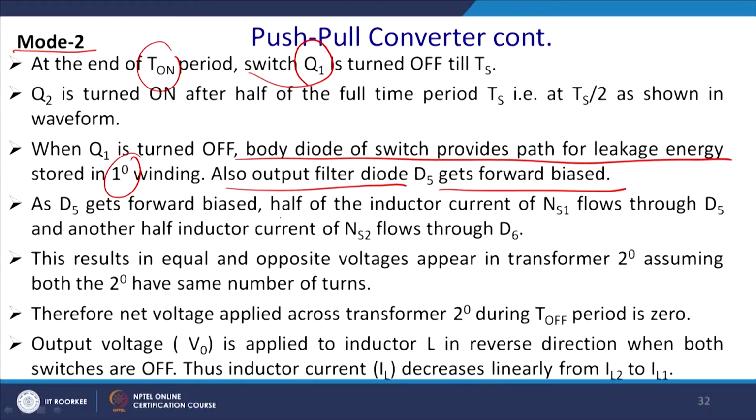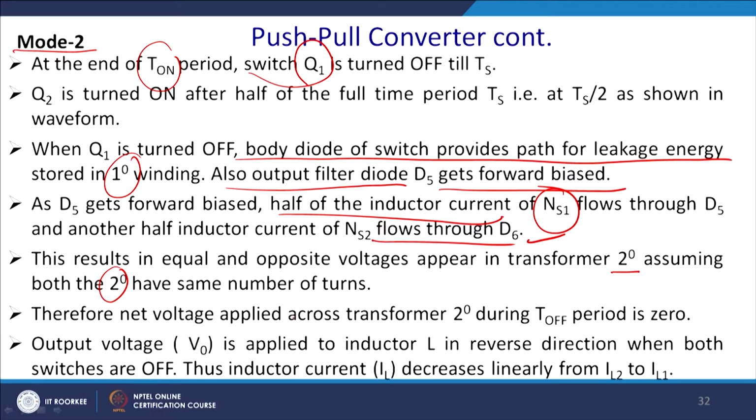As D5 gets forward biased, half of the inductor current flows through D5 and the other half of the inductor current flows through D6 via NS2. This results in equal and opposite voltages appearing in the secondary, assuming both secondaries have the same number of turns.